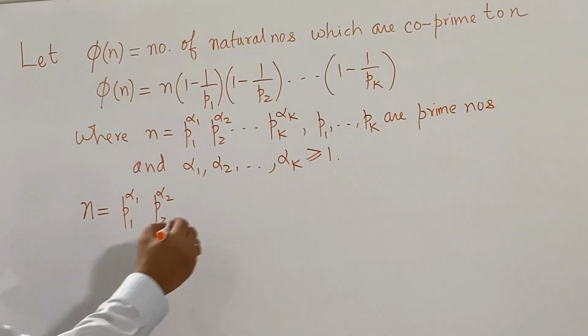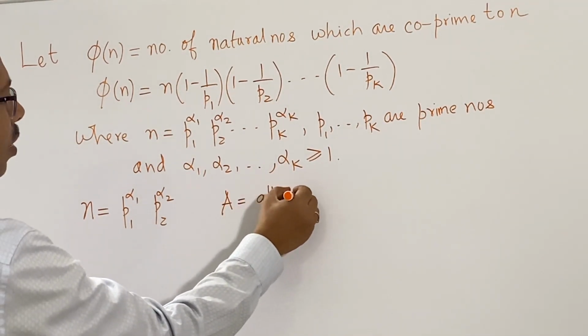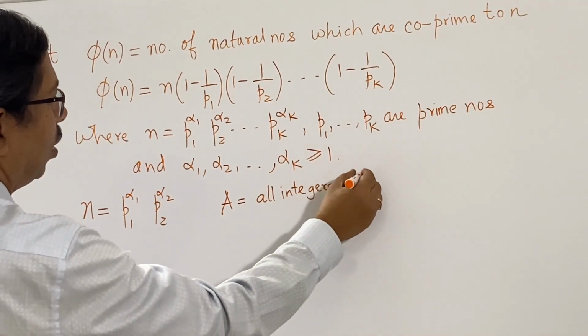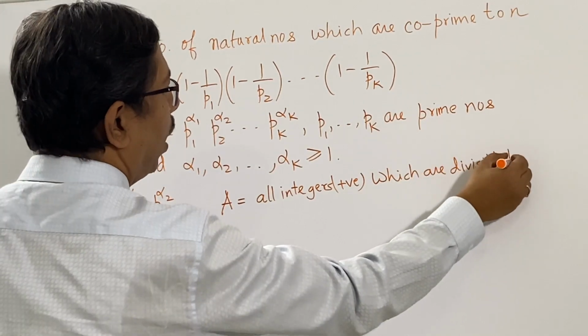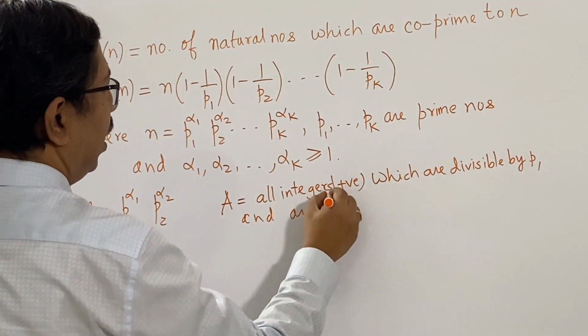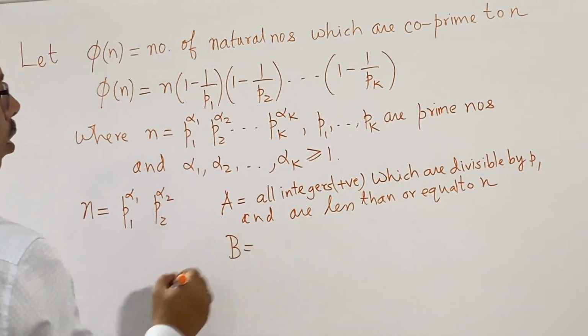Now let A be the set of all positive integers which are divisible by p1 and are less than or equal to n, and B be the same for p2.